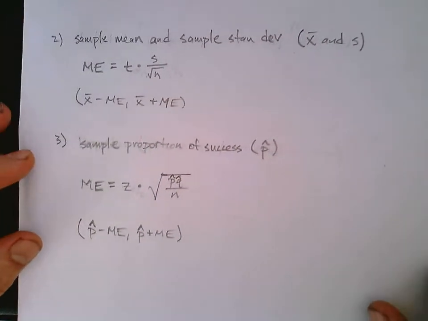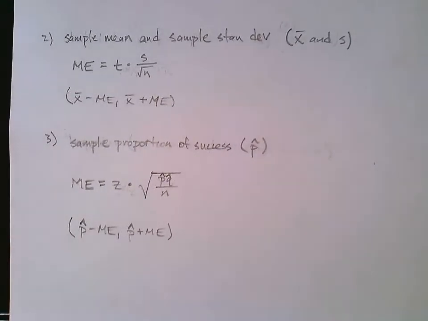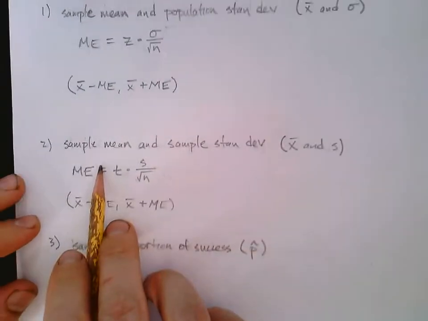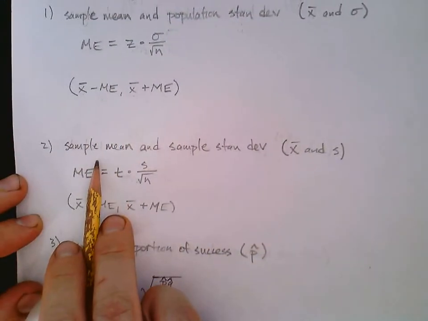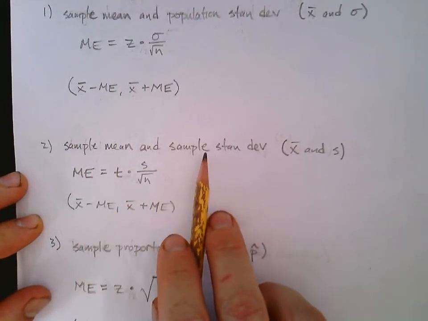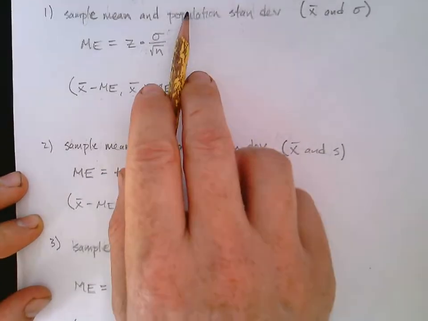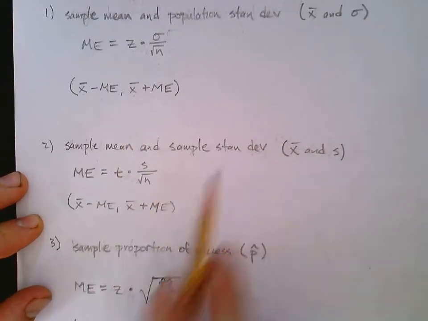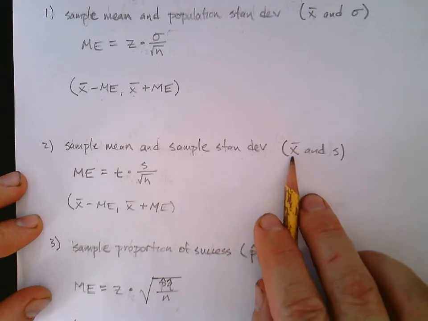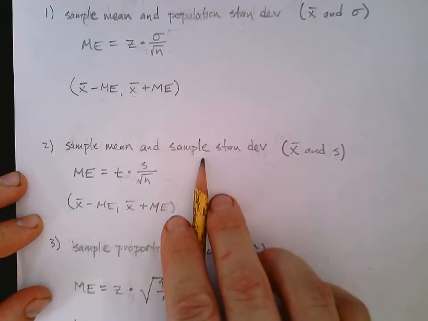The second style we saw was the student t. Okay, well, what was the difference? We were still given a sample mean, that's the same, but now we're given a sample standard deviation as compared to a population standard deviation. So we were told x bar and s.